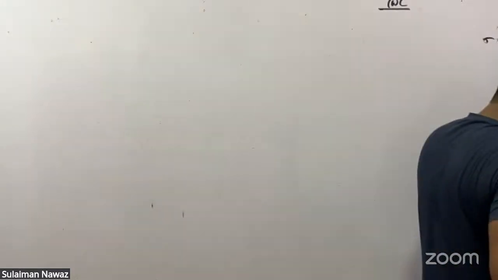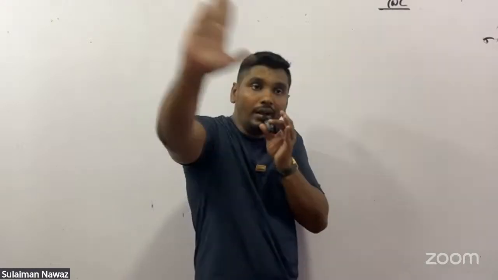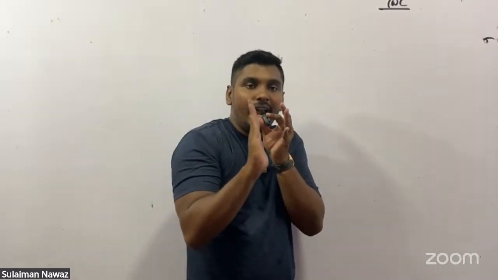Remember, it's infinitely long. What have they given in the question? An isolated, charged, conductive, infinitely long flat plate. What they are telling is that the surface area of the flat plate is infinite. It's a very long, infinitely long flat plate.